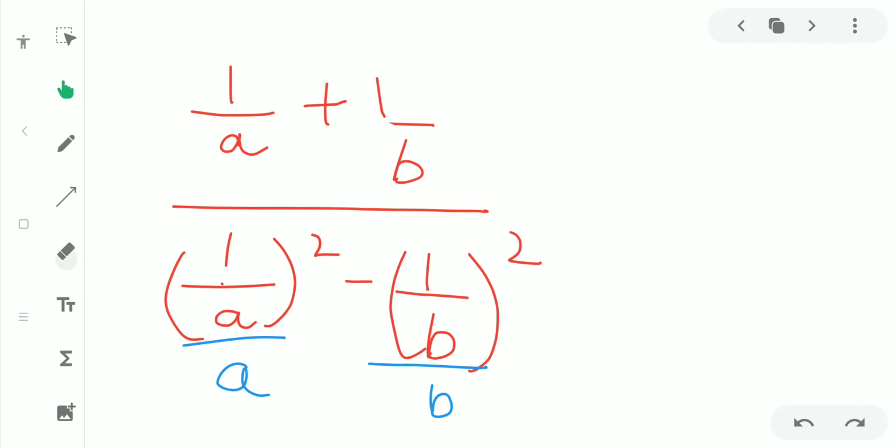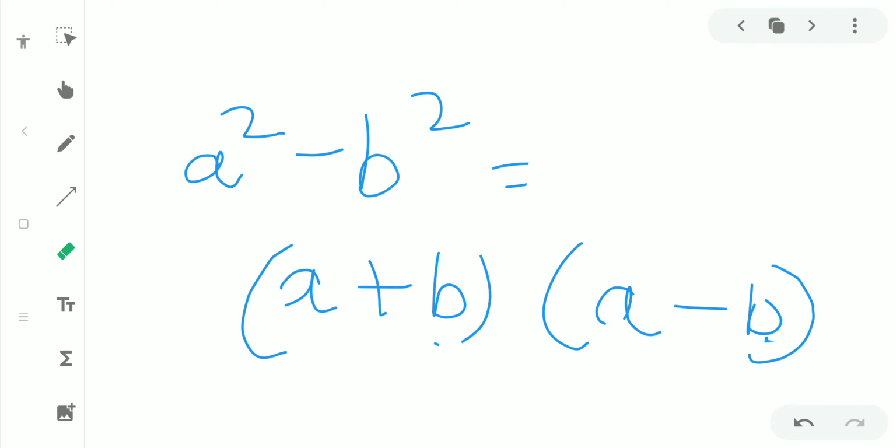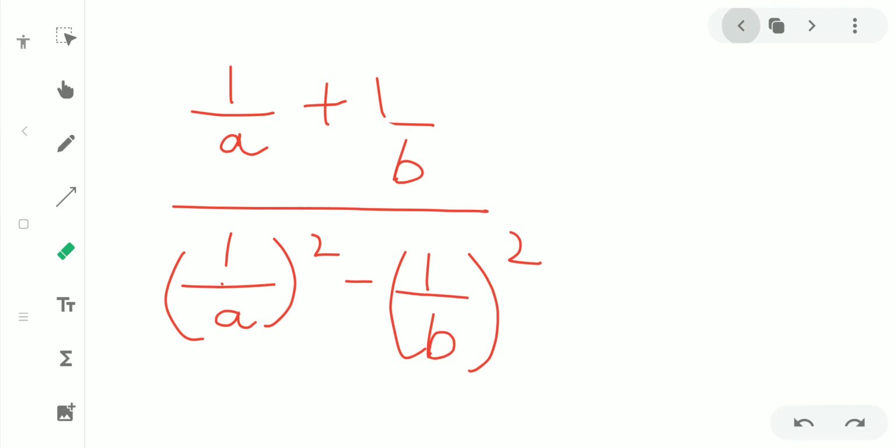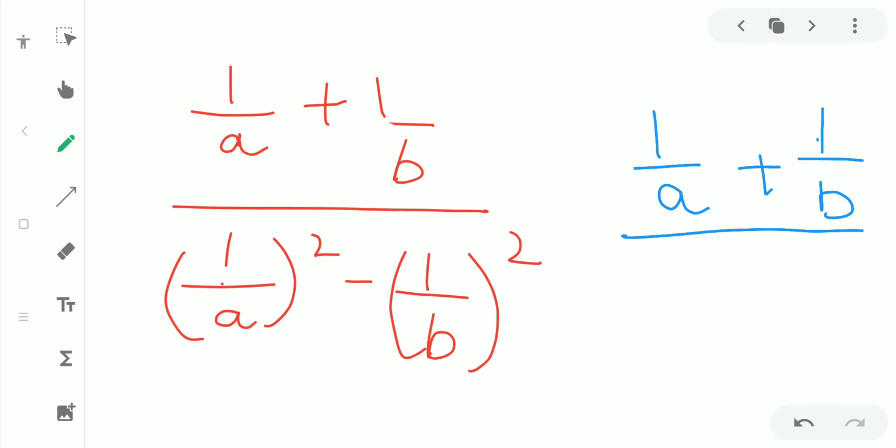Now here we have 1 by a plus 1 by b divided by (1 by a) whole square minus (1 by b) whole square.